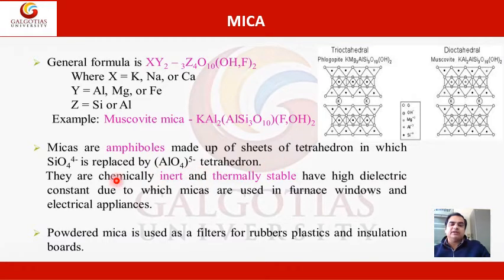They are chemically inert, that means they do not react with anything, and they are thermally stable, that can bear very high temperature, and they have a high dielectric constant, due to which mica can be utilized in furnace windows or various electrical appliances. Further, powdered mica is also utilized as filler for rubber, plastics and insulation boards.